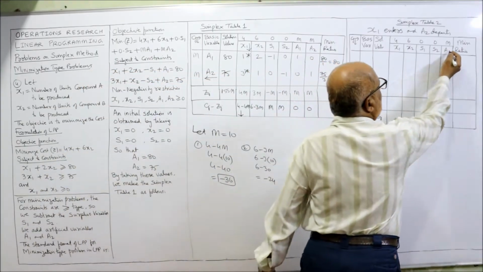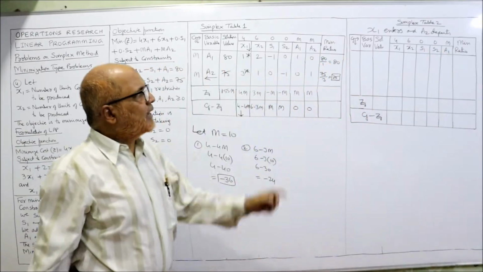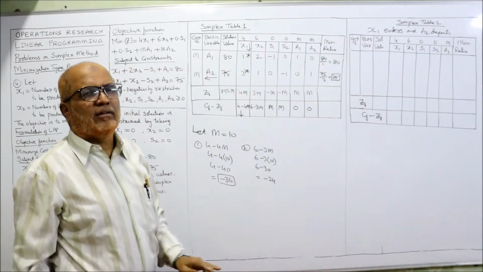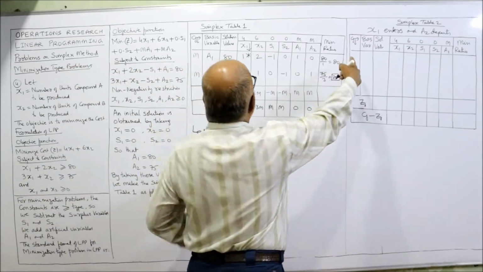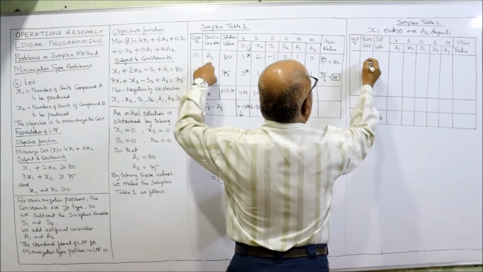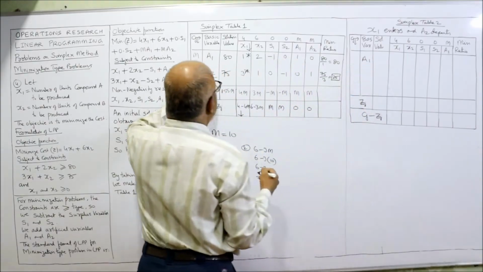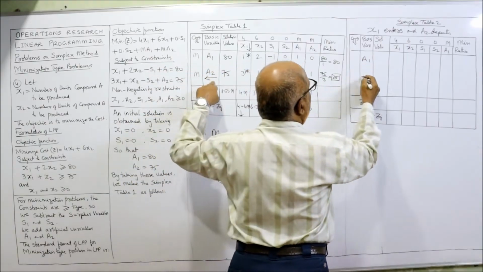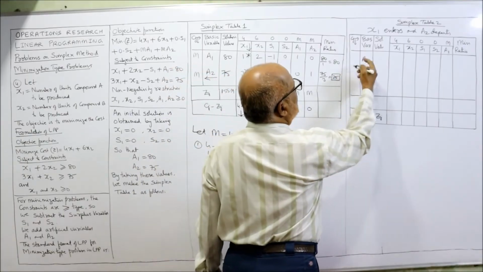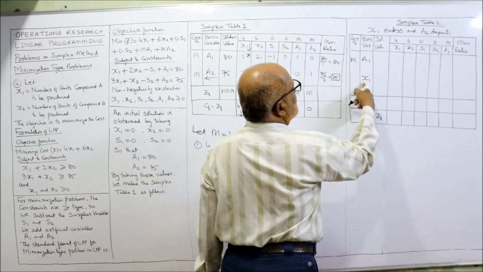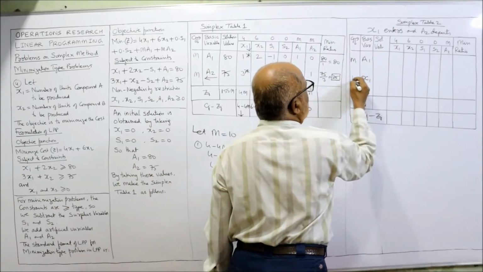So here I have taken a1. x1, x2, s1, s2, a1. That's it. Right? Now the basic variable a1. This a1 will remain as it is. Now in place of a2, we are writing x1. The coefficient of a1 is m. The coefficient of x1 is 4.